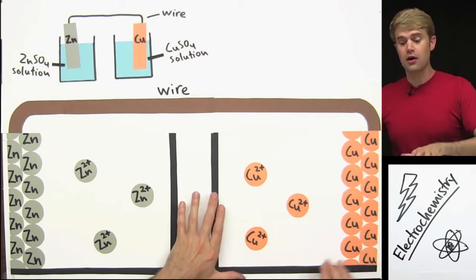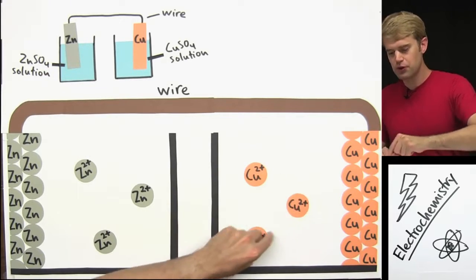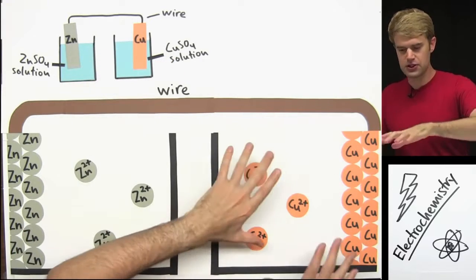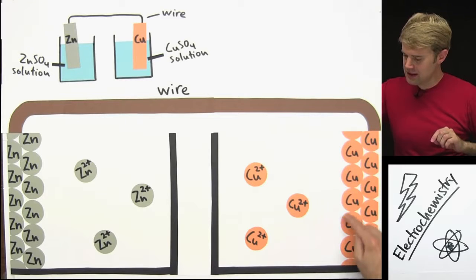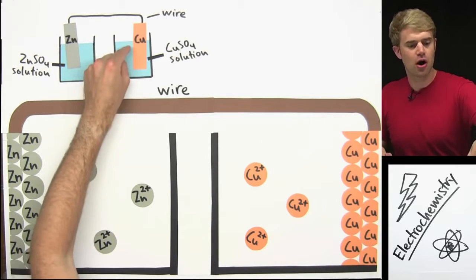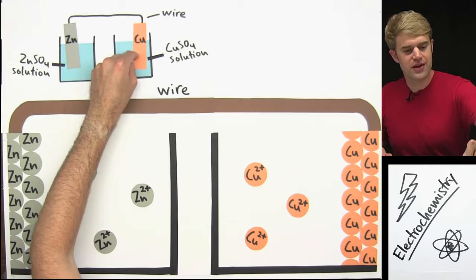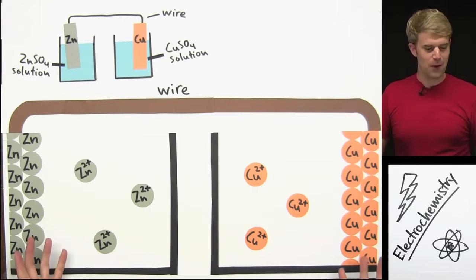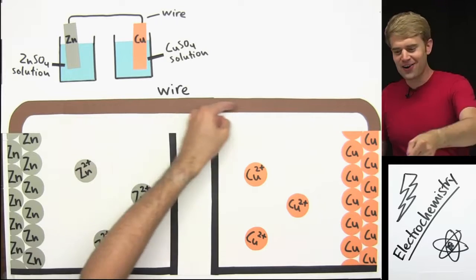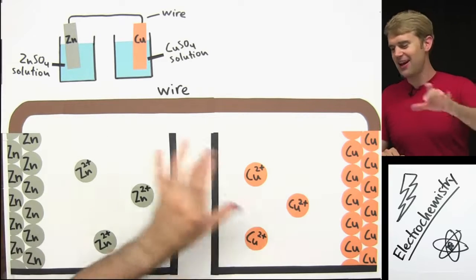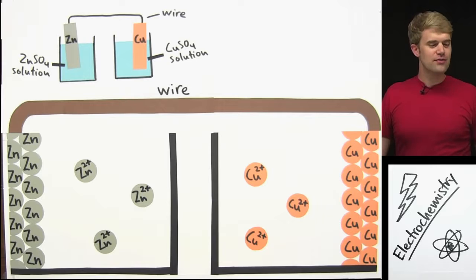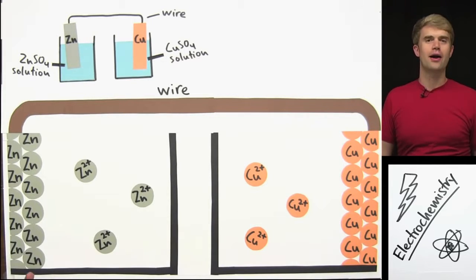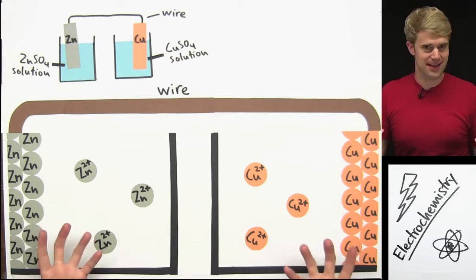Then over here, we have these Cu2+ ions that are in the CuSO4 solution. They're dissolved here. And then these copper atoms are on the edge of this piece of copper here. Okay? So we've got a wire that connects the zinc and the copper. And we've said that when we hook everything together, electrons start flowing through this wire. Well, why is that?